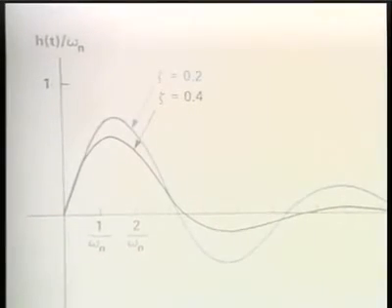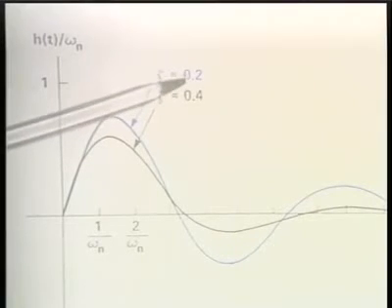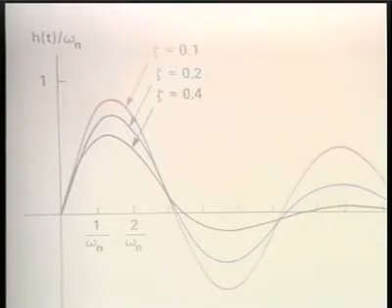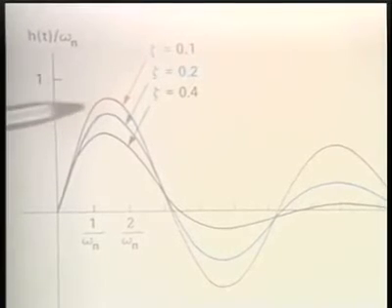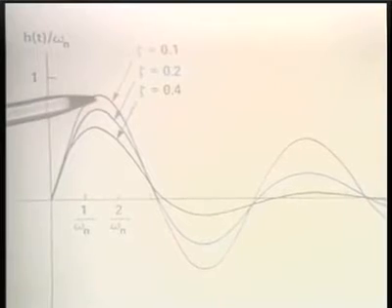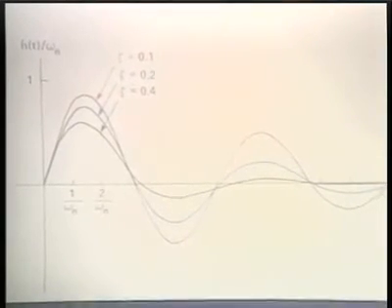Here is the second order system where zeta is now 0.2 instead of 0.4. And finally, the second order system where zeta is 0.1. What we see as zeta gets smaller and smaller is that the oscillations are basically the same, but the exponential damping becomes less and less.